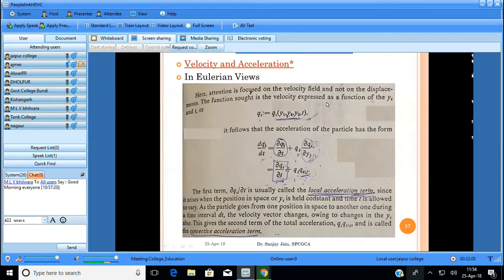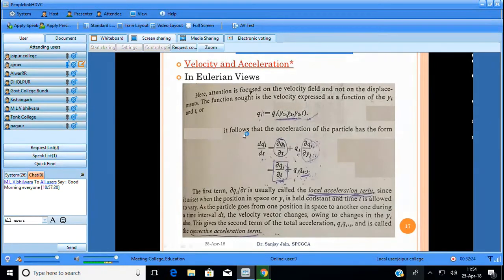Here attention is focused on the velocity field and not on the displacement. The function should be velocity, expressed as qi in the final coordinate system y1, y2, y3 and t. Here yi is also variable and t is also variable.